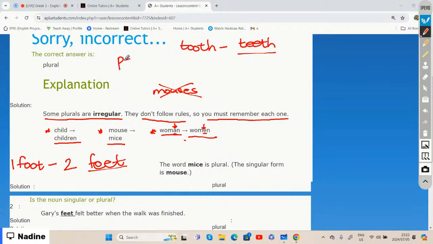Person, one person. One person, but many what? What is the plural of a person? It's one person, but there are lots of.